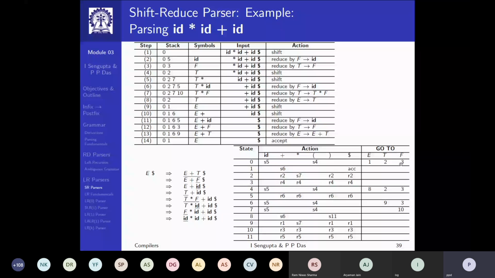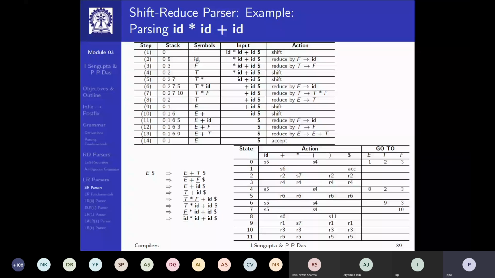Now what happens? So I've come to this sentential form. Now look at one thing very carefully. As you go, you are doing a bottom up, you are going backwards. Try to read the sentential form as the continuation of the stack of symbols and the input. So this is your sentence.